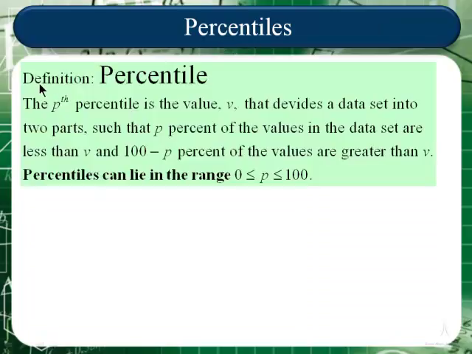We now focus on percentiles. The definition of a percentile. The pth percentile is a particular value V that divides the data set into two parts, such that p% of the values in the data set are less than V, and 100 minus p% of the values are greater than V. Percentiles will always lie in the range from 0 to 100%.